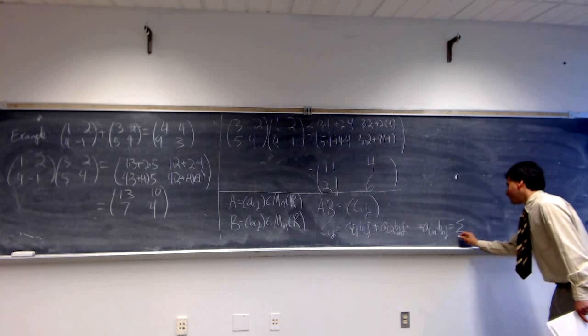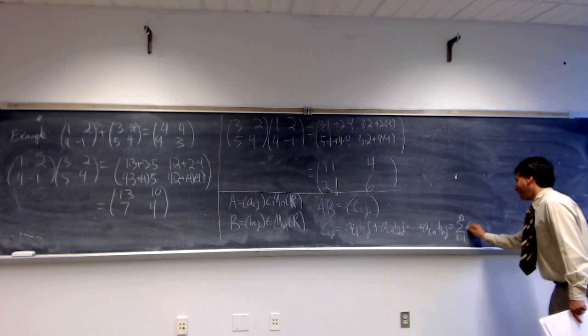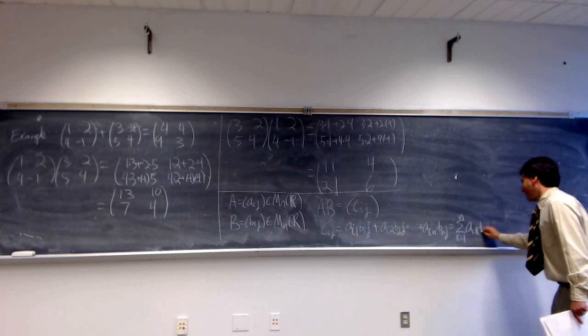You can introduce another subscript, say k going from 1 to n, of Aik Bkj.